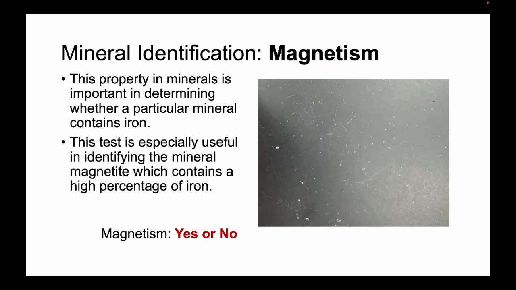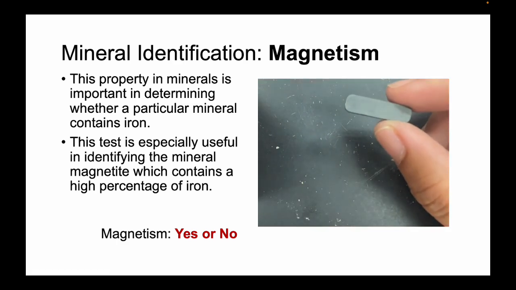Most minerals contain a lower percentage of iron, so the magnetism is lower or there is no magnetism. So you may put it as no. But if that mineral has magnetism, you may put yes on your data sheet.